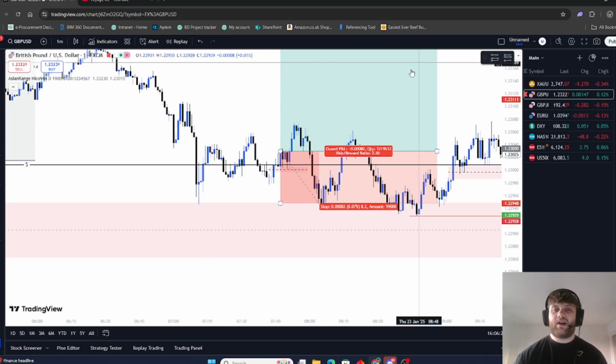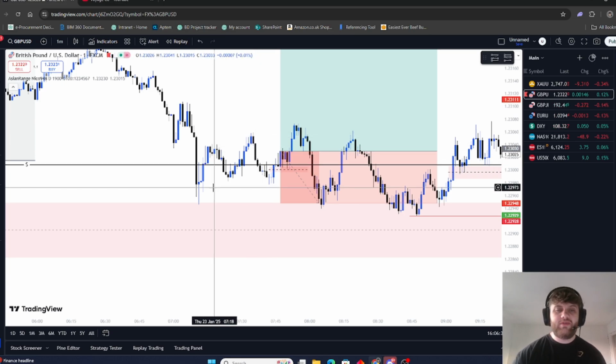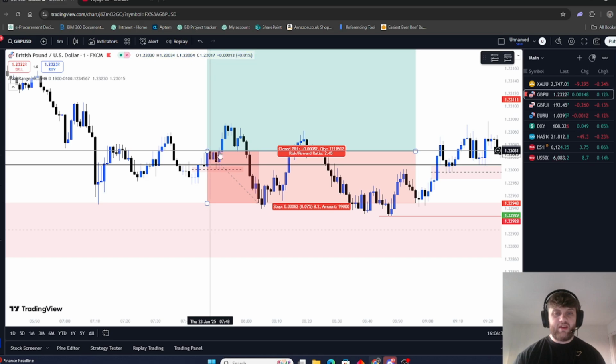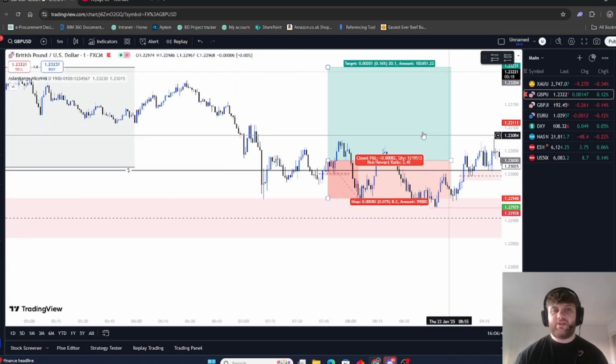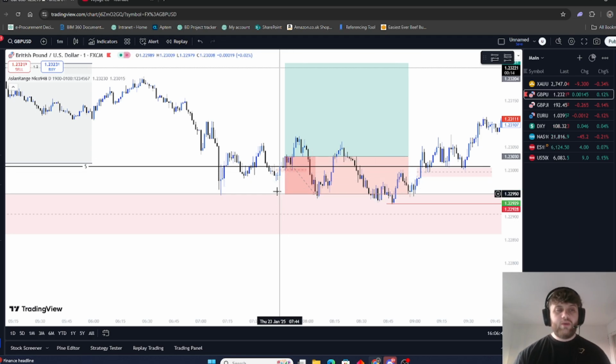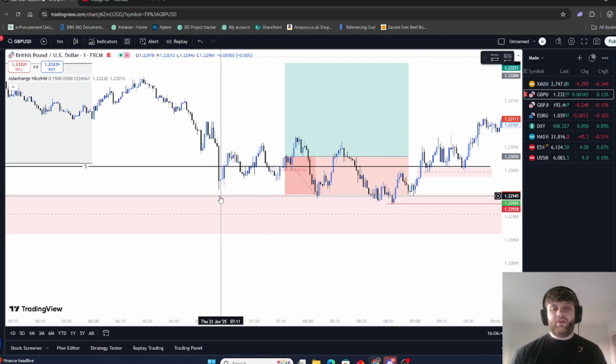Now this pointed us back into the buy side, and that will be heading upwards after the sweep of liquidity. Now we waited for the fair value gap, which formed here on the 1 minute. So once we broke that and broke the structure, which is here, we entered in for a buy. Obviously, take profit at buy side liquidity, and stop loss at the sell side new liquidity.